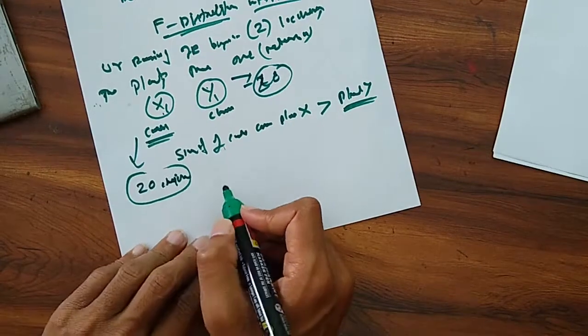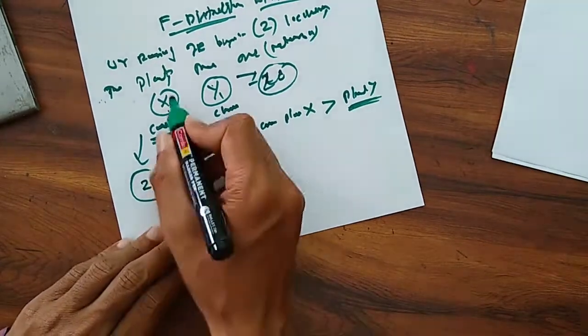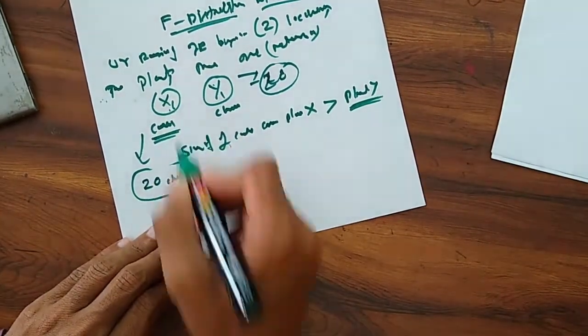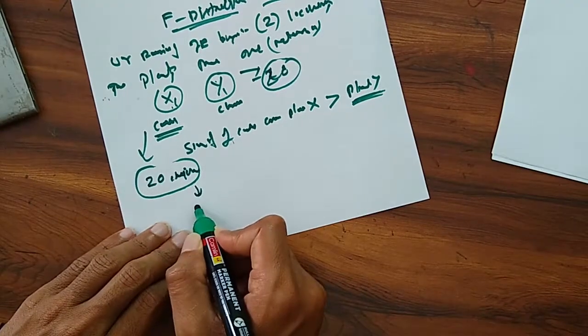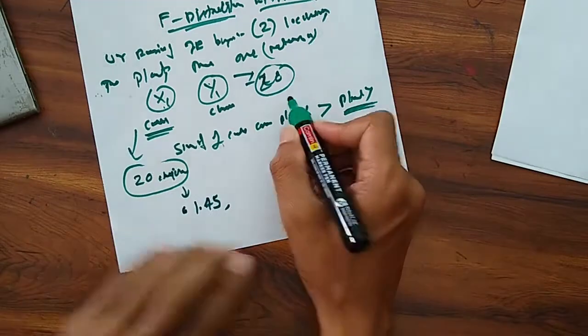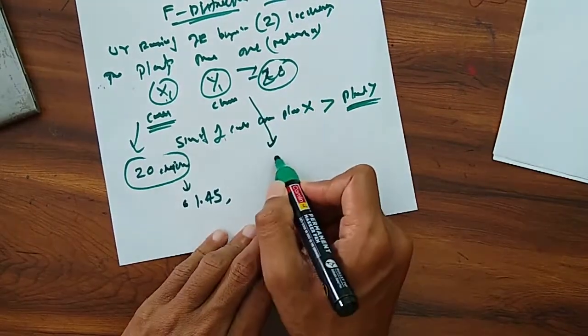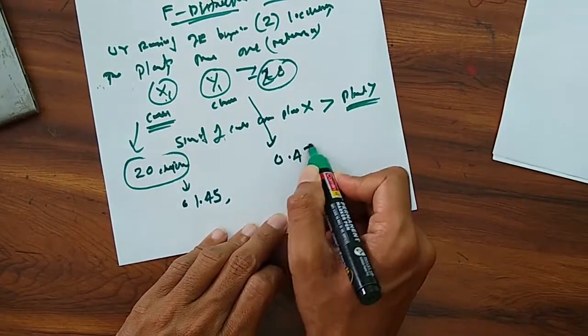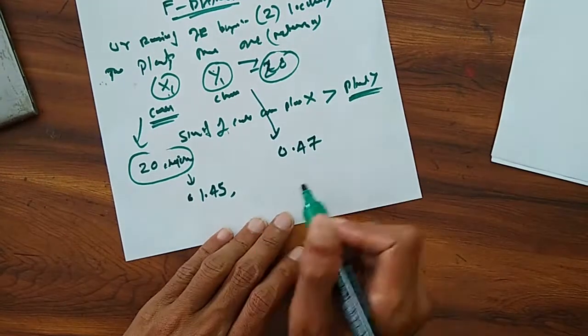You calculated the variance in plant X, that value is 1.45, and in plant Y the variance is 0.47.